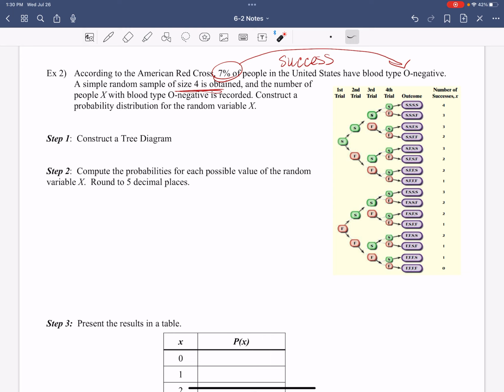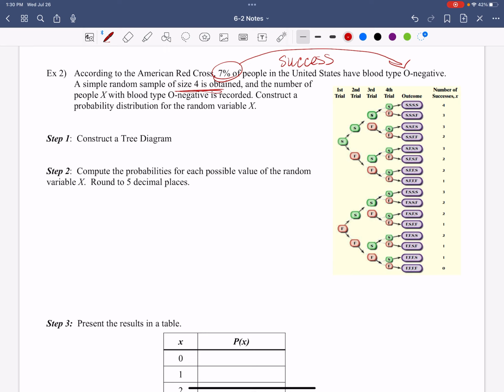So all of these options are available. That is what the tree diagram is for here in step 1. Now, I'm not going to have you actually draw out a tree diagram. I just want you to see what that looks like. So we construct this tree diagram, and then we're going to look at my values.